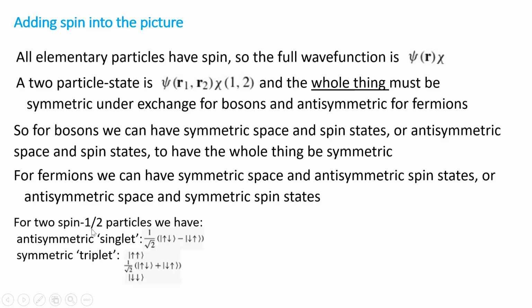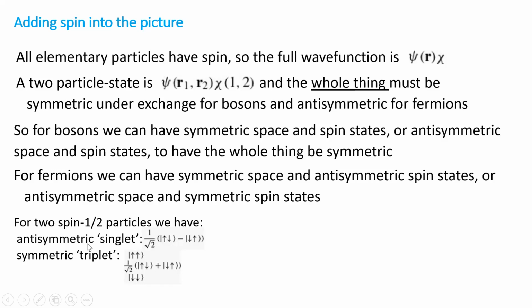Okay, so let's just take an example here to connect this to something that you might be familiar with. Let's say we have two spin 1/2 particles, which are fermions. We actually have 4 ways to combine them into eigenstates of the combined spin of the two states.